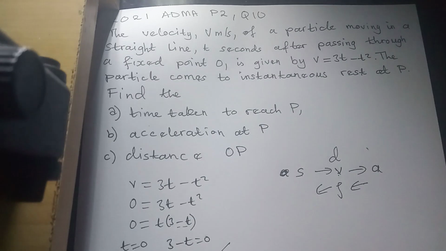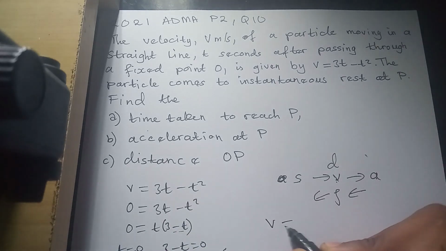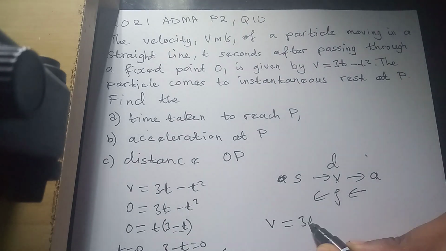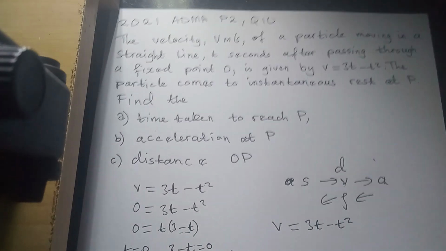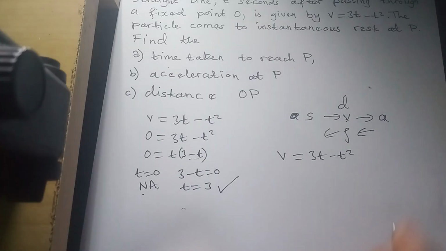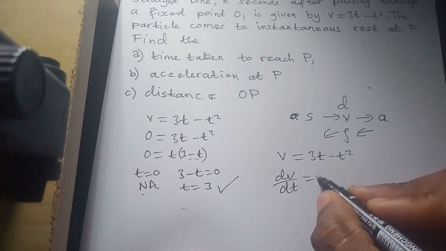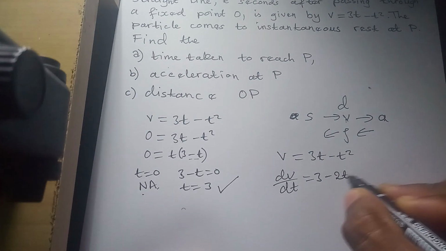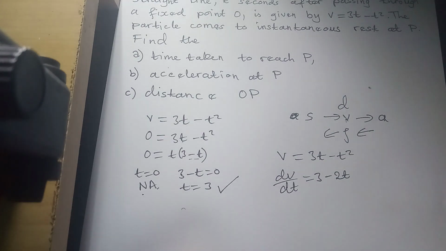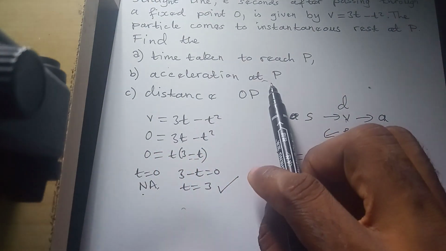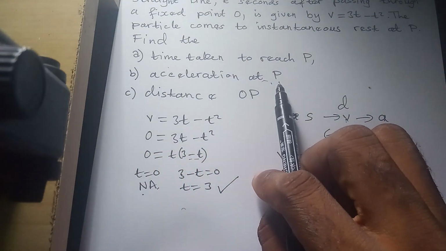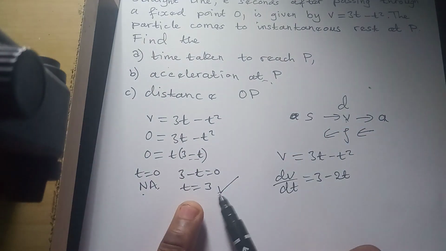So to get the acceleration from the velocity function, 3t minus t squared, you can just differentiate this. So dv/dt will be 3 minus 2t. And then we want to find the acceleration at P. So we know that at P, t is equal to 3.